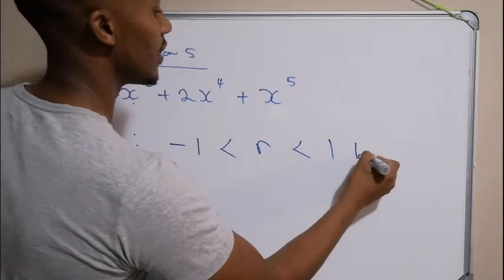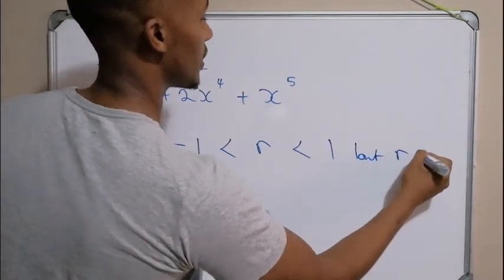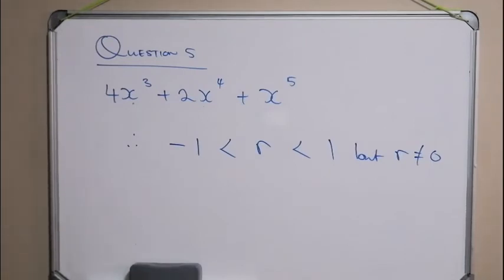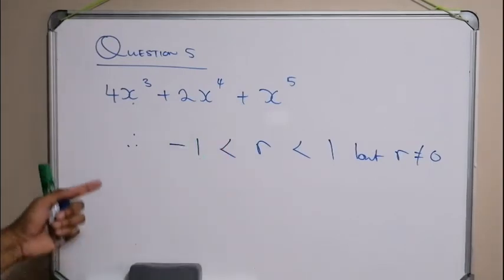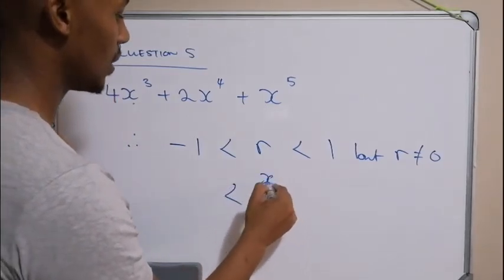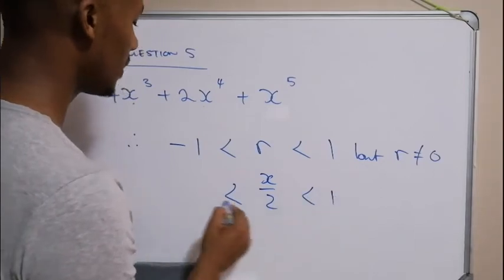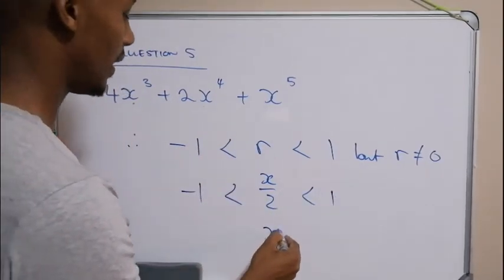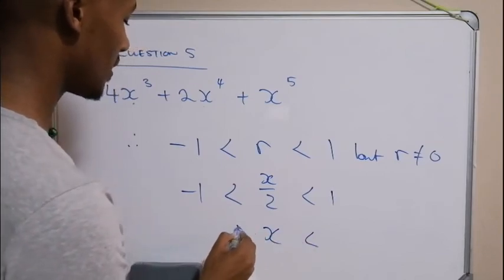Also, the ratio cannot be equal to 0, because then we have a trivial series and we don't necessarily want that. So since the ratio was x over 2, I'm going to swap that out for r, and I'll solve x by multiplying on both sides by 2.